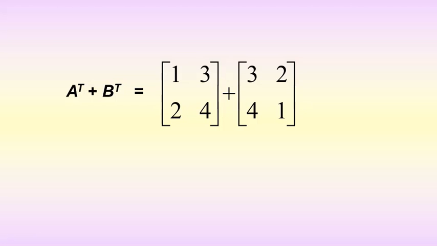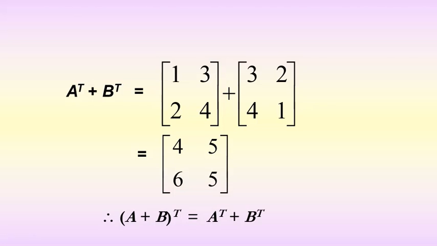After transposition we have 1 3 2 4 plus 3 2 4 1, so we have 4 5 6 5. Check it with the first answer: exactly the same. So we have shown that the first statement is true.